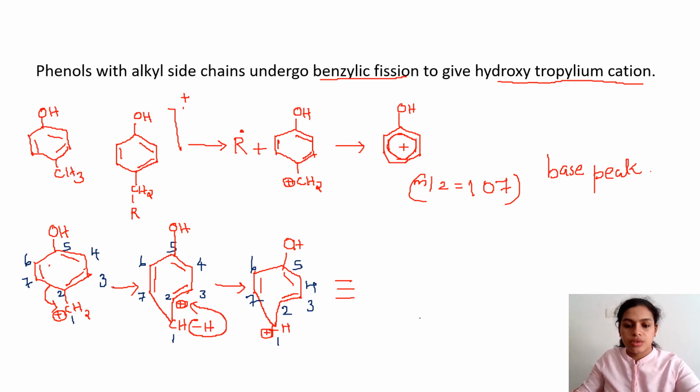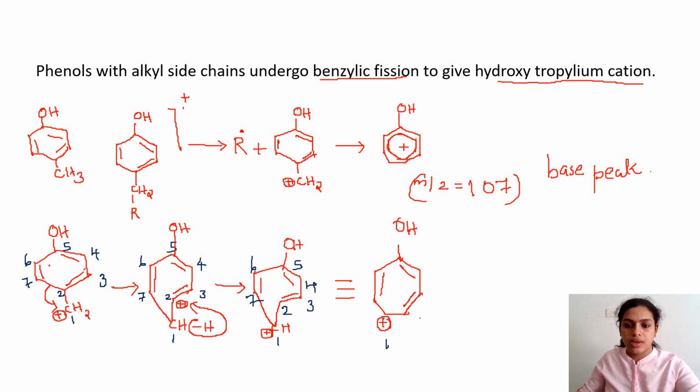Okay, so I'll write it again. I had messed up the position of the double bonds. So this is OH, and here is the positive charge. Okay, now it is fine, I think.